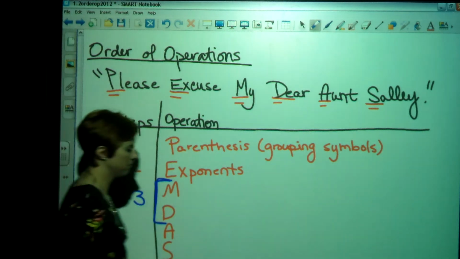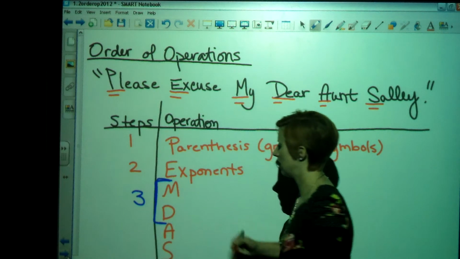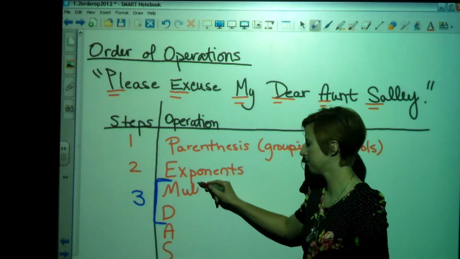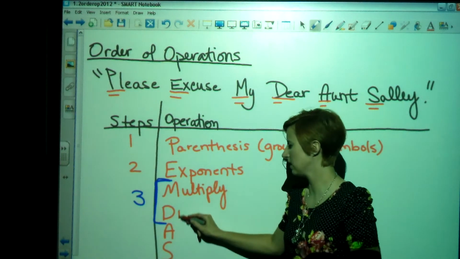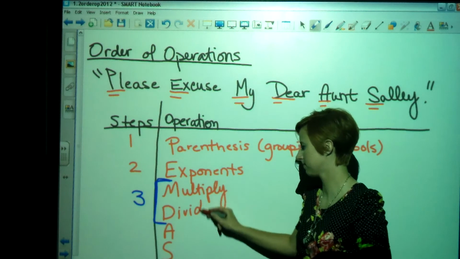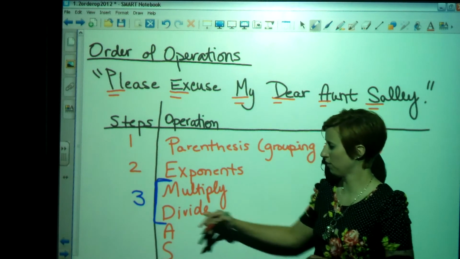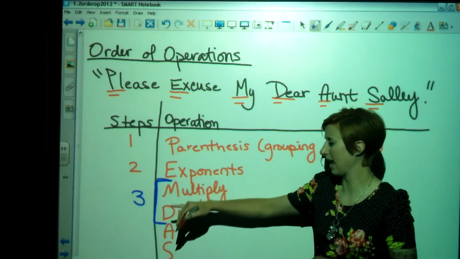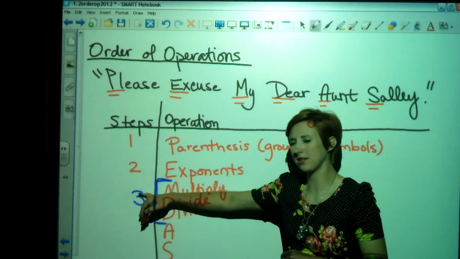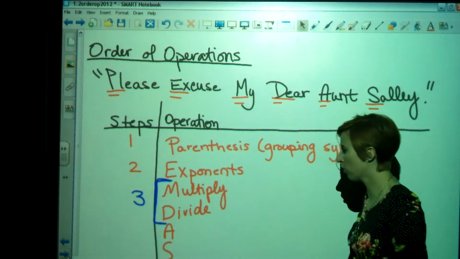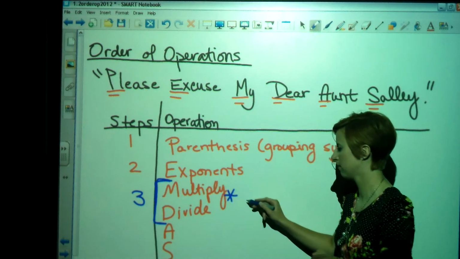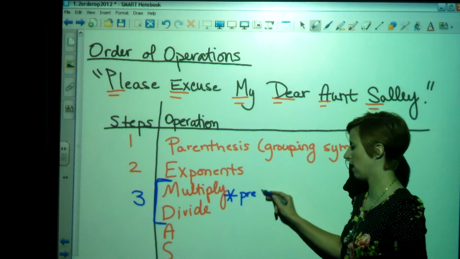So our M is to multiply, and D is to divide. Now even though it's 2 things, multiplying and dividing, it goes under the same step because they're similar. And we have to perform them in order from left to right.